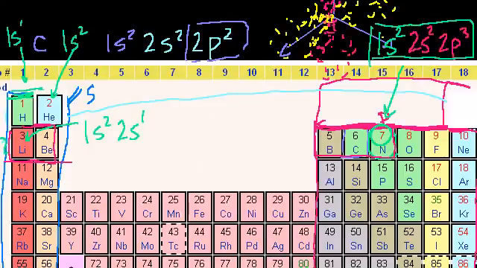If I wanted to figure out the configuration of silicon, right there, what is it? Well, we're in the third period, 1, 2, 3, that's just the third row. And this is the p block right here, so this is the second row in the p block, 1, 2, 3, 4, 5, 6. We're in the second row of the p block.